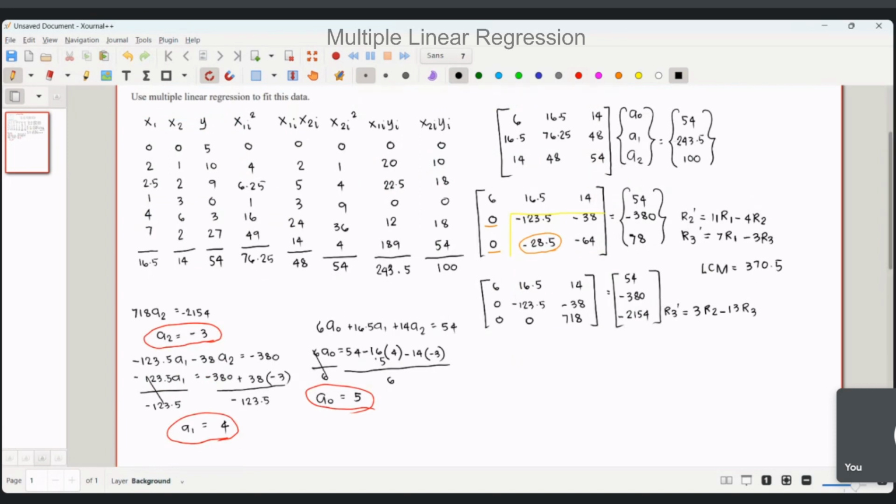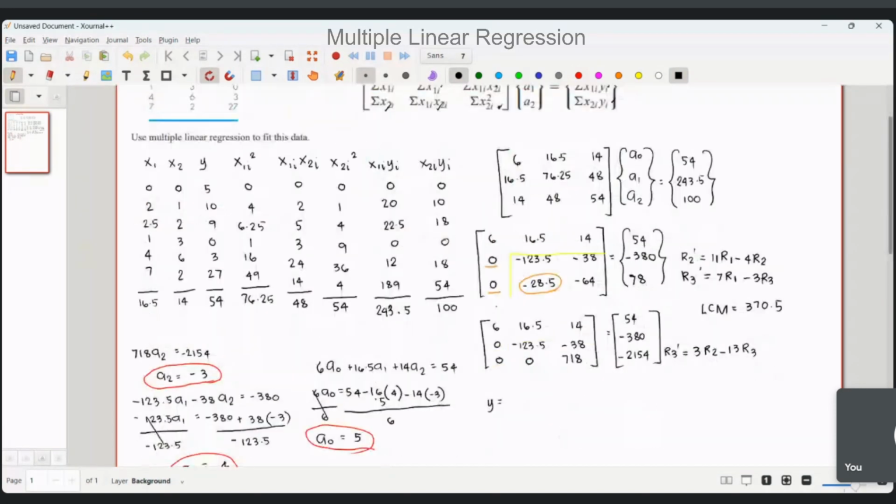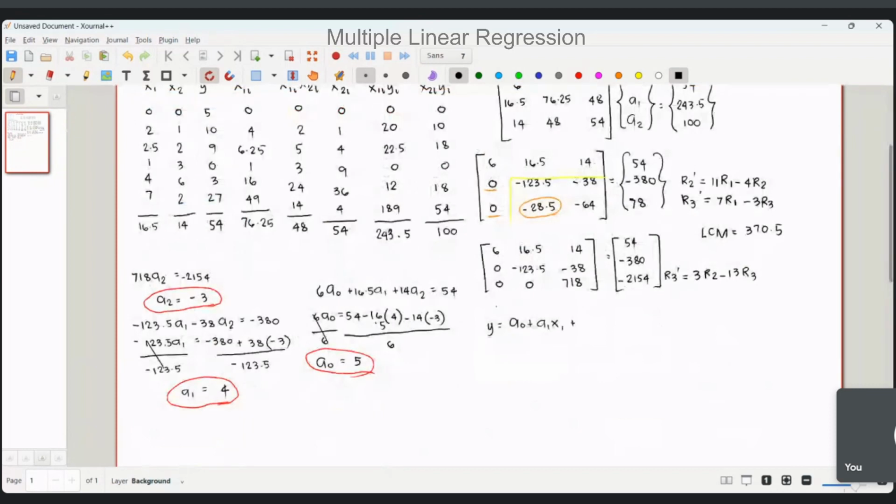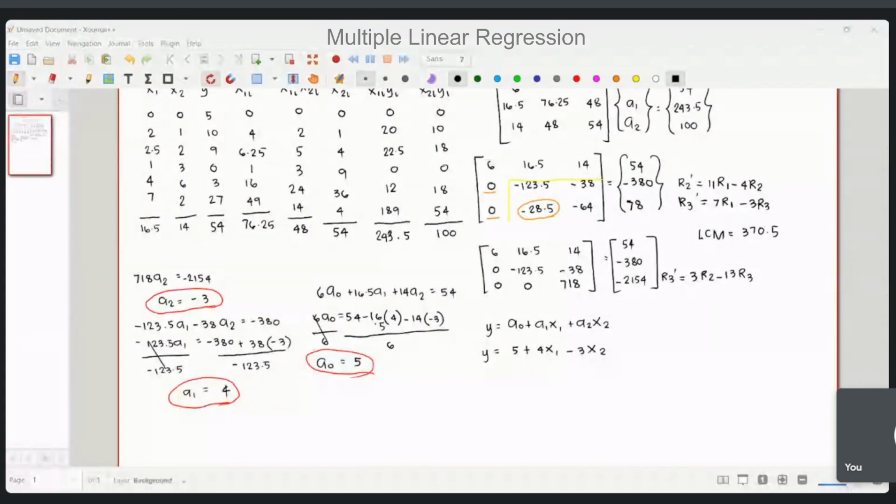Y equals A sub 0, 5 plus 4x1 minus 3x2, which is kihatags sa reference.